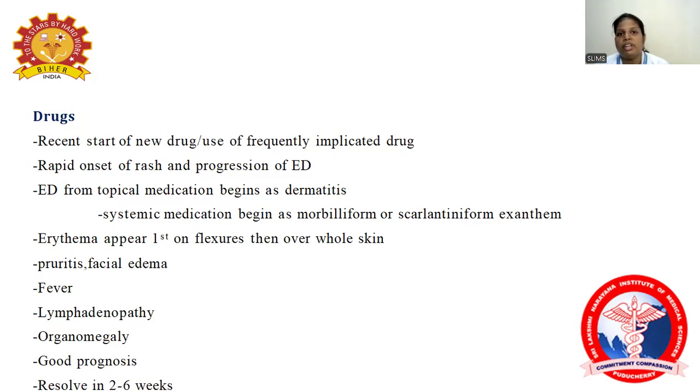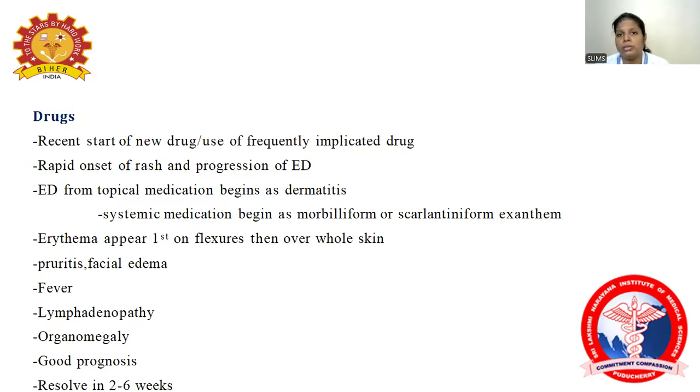So when there is a topical application of medication, you see adverse reactions like a dermatitis pattern which can evolve into erythroderma, whereas oral drug-induced adverse reactions result in scarlatiniform or morbilliform rashes. Erythema appears first on flexures, then over the whole skin. It can become generalized. Then there will be pruritus, facial edema, fever, lymphadenopathy, and organomegaly, and it has a good prognosis.